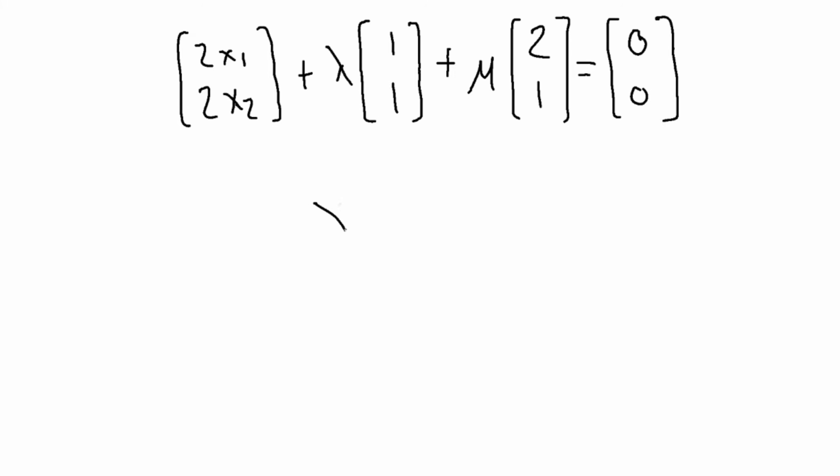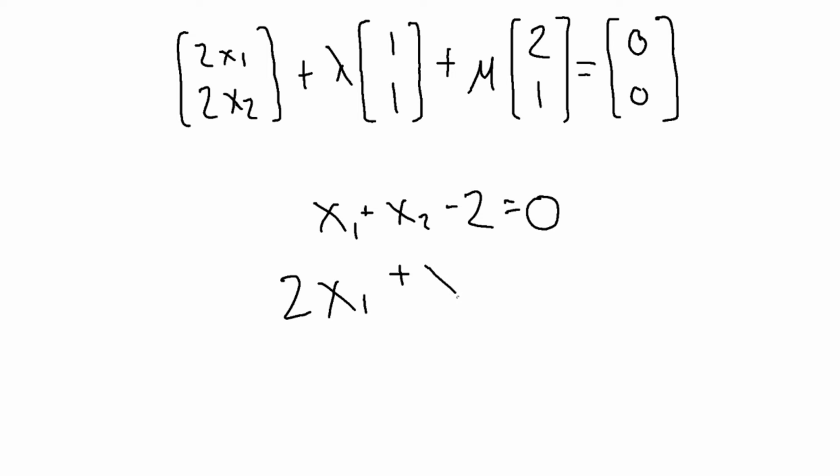Then our constraints, x1 plus x2 minus 2 equals 0. 2x1 plus x2 minus 3 is less than or equal to 0.